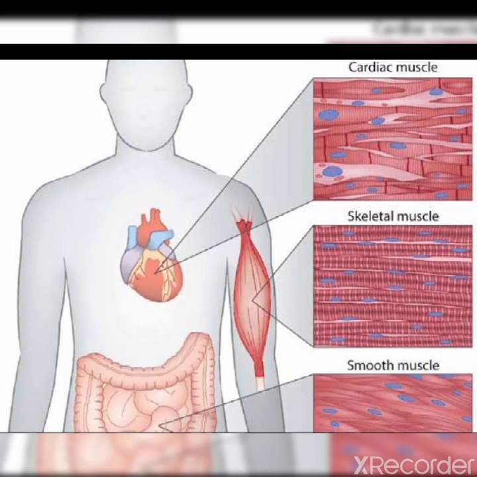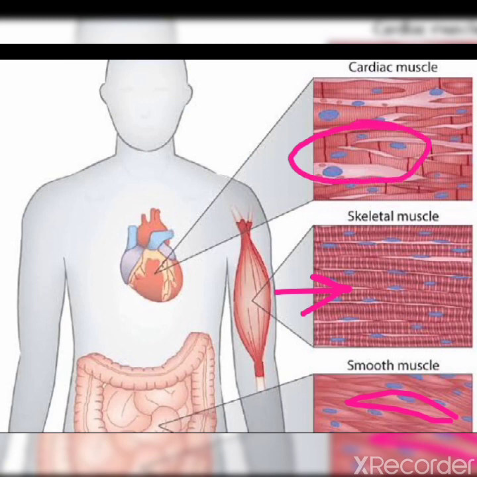There is no branch. What about involuntary muscles? The shape is spindle shaped. And in cardiac muscles, the shape is cylindrical and branched. You can see the branches.